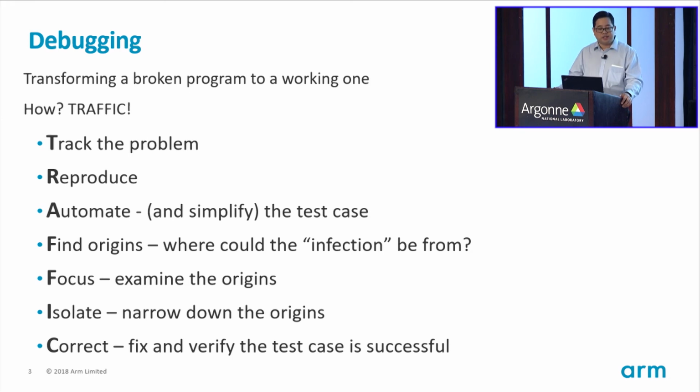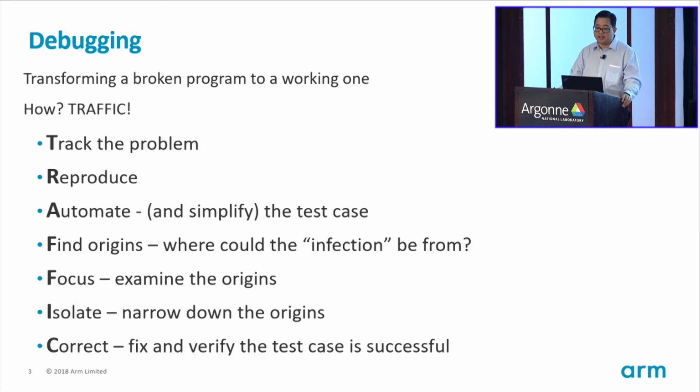Along those lines of recording your work, also find a way to reproduce the problem. You might start off with a large code with a large problem, and it has a bug that you've encountered. Ideally, you'd like to minimize the problem, so try to shrink it down to as small a size as you can handle.